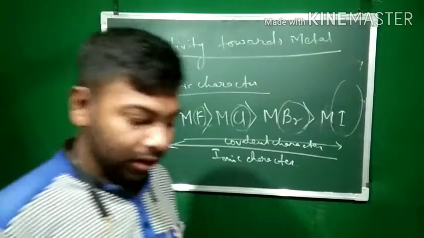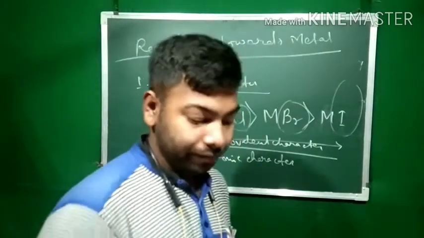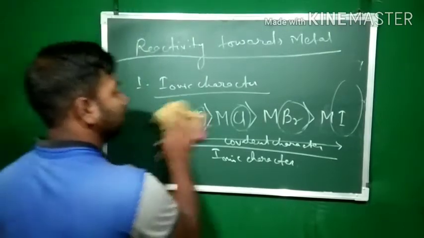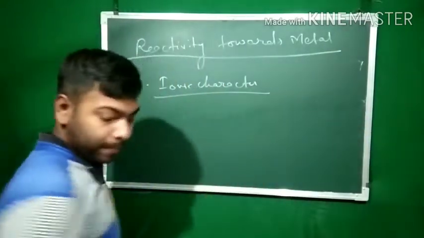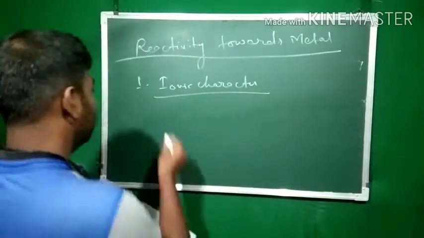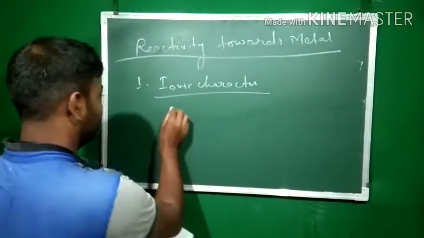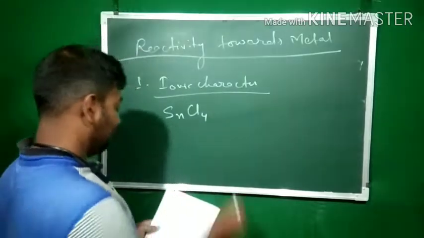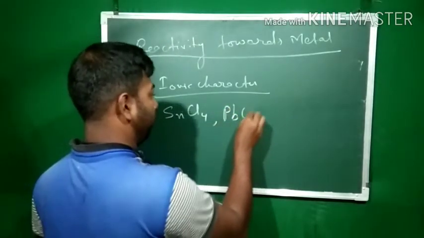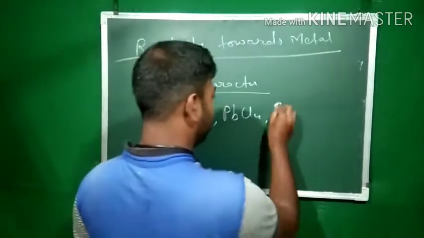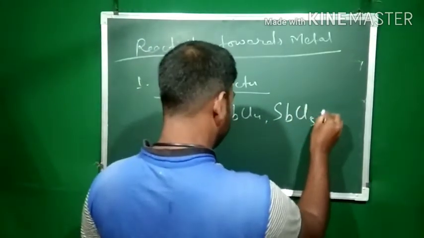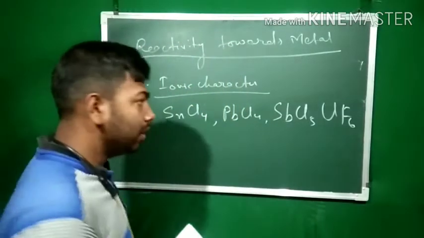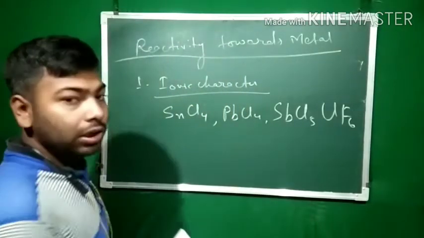Now see another example. We are discussing covalent character. Suppose we take SnCl4, PbCl4, SbCl5 and UF6, where U means uranium.